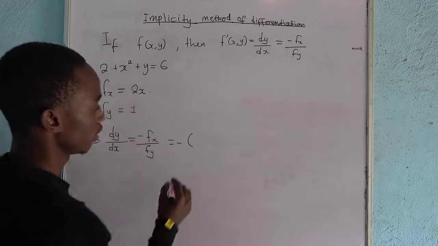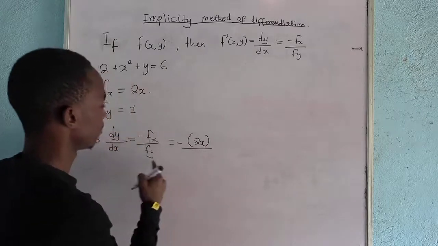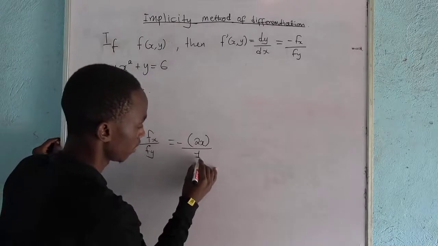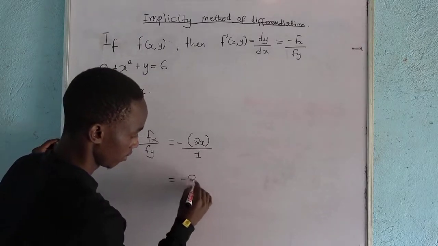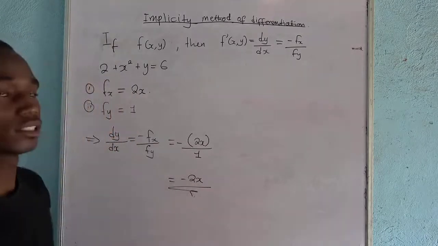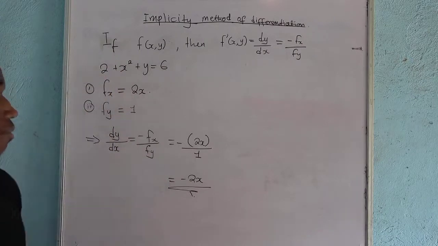It is 2x, divided by the partial derivative of this function with respect to y, which is just a 1 like that. So from here we get negative 2x as our final answer for differentiating this function.